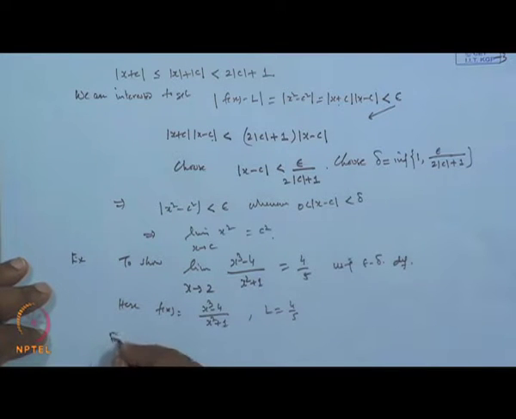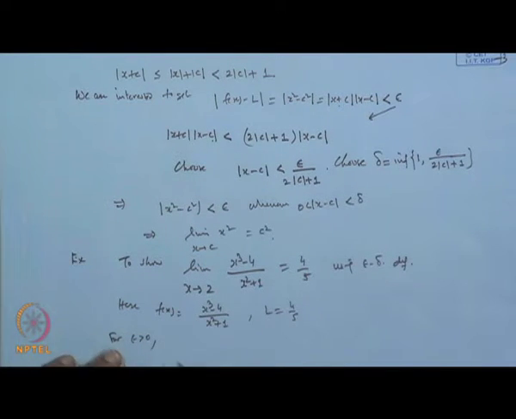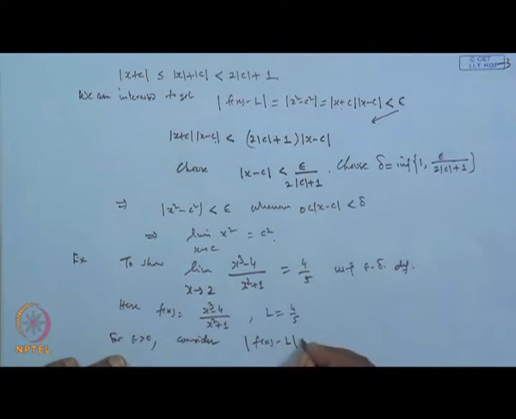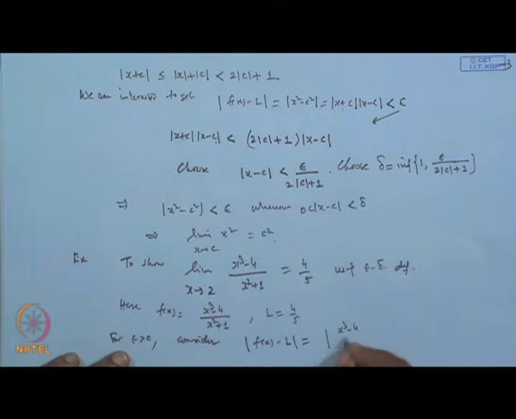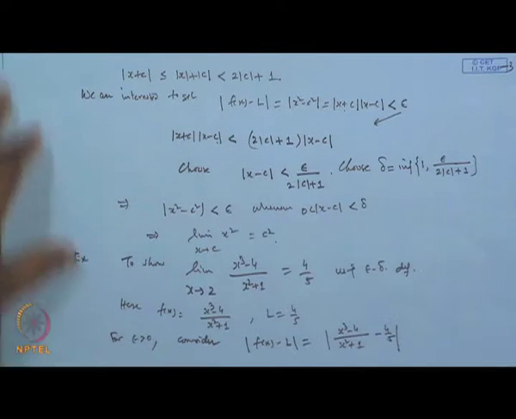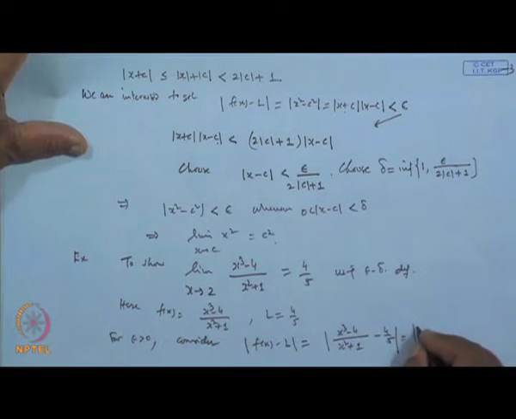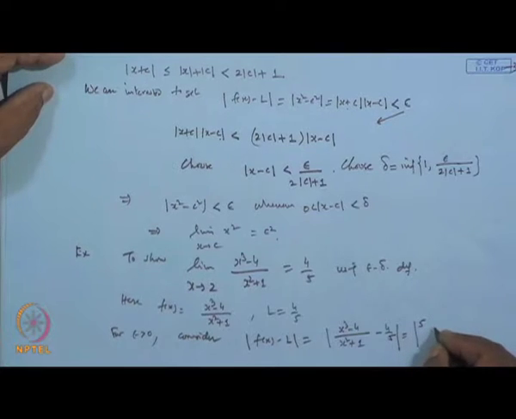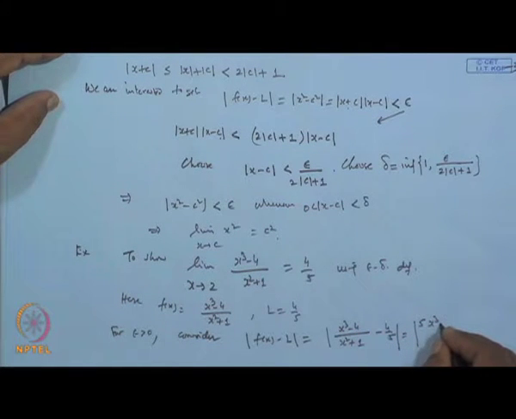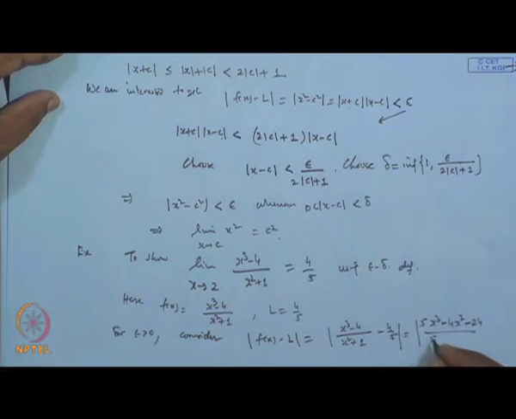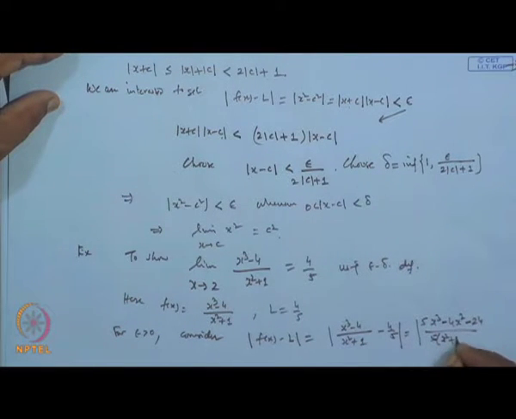So, for given epsilon greater than 0, let us first consider the difference f(x) minus L. This f(x) minus L is (x cube minus 4) over (x square plus 1) minus 4 by 5, and if we solve it, the value comes out to be mod of (5x cube minus 4x square minus 24) divided by 5(x square plus 1).